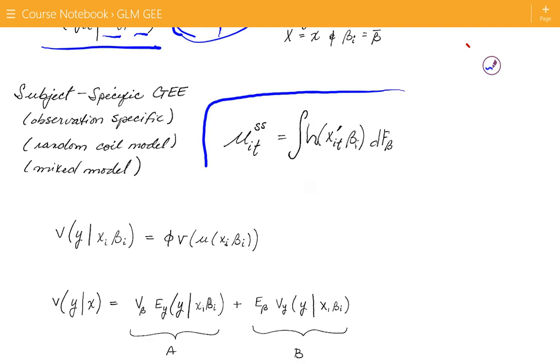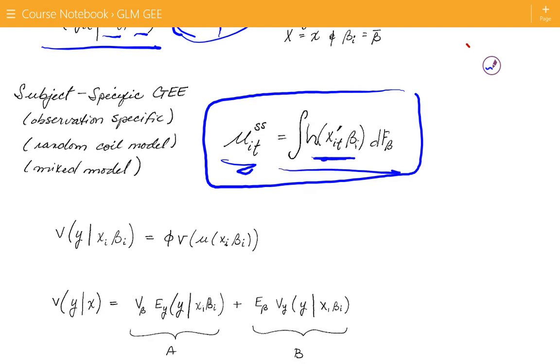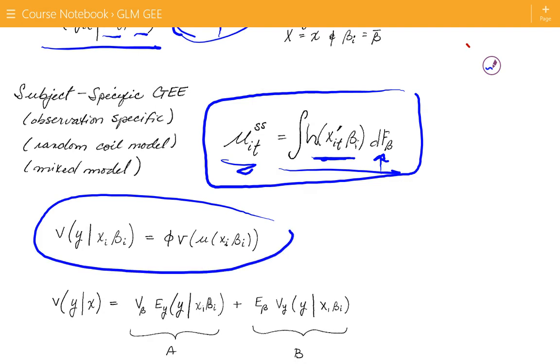Well, here we have the mean of the random variable is now that integral of the more general function of x beta over the distribution of beta. We consider that the variance of y given x_i and beta_i is going to be specified as phi times some function of the mean.